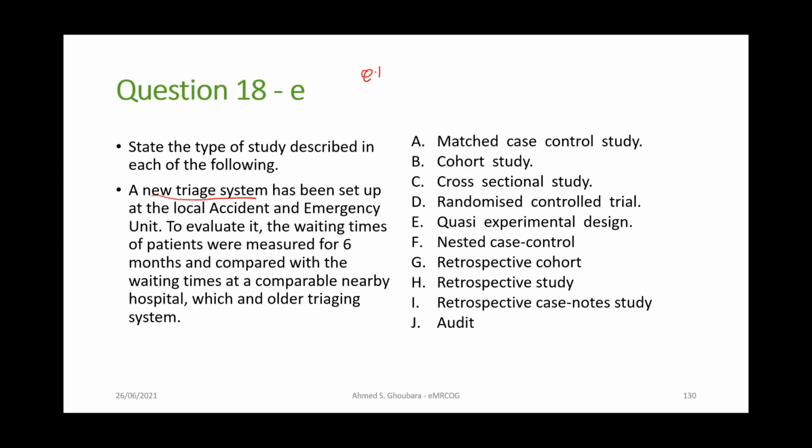This is the exposure, and the outcome is the waiting time. I wouldn't do it like this. I would take the new exposure like a new drug, for example, and the waiting time, which is the outcome, I'll strike it off. I write like literature.